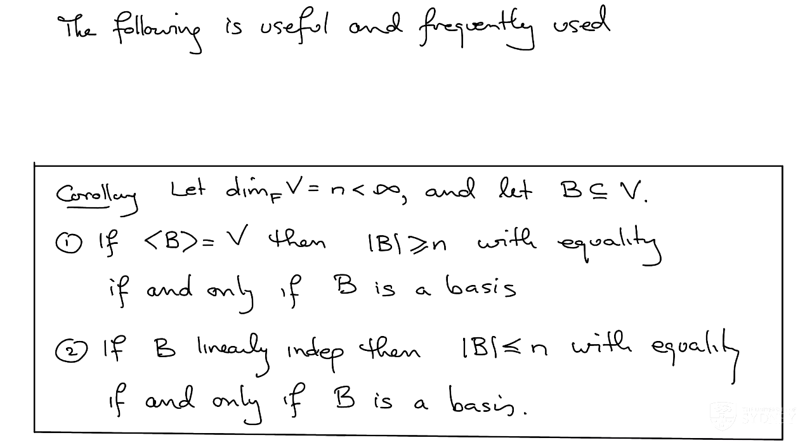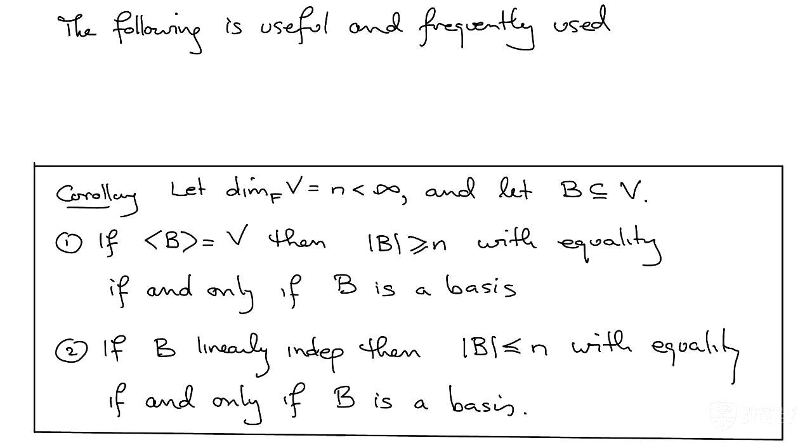So we're in the finite dimensional case to make these kind of statements, and we've got a subset B of V, not a basis, just a subset. Then first of all, if B spans V, so it's got half the condition of being a basis, then B has to have at least n elements.